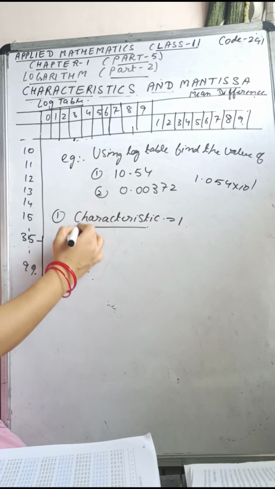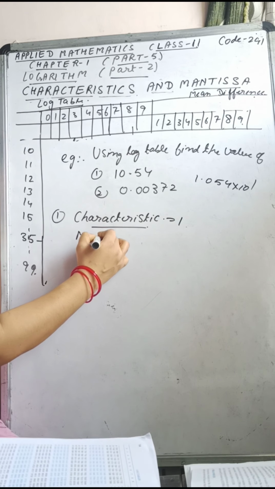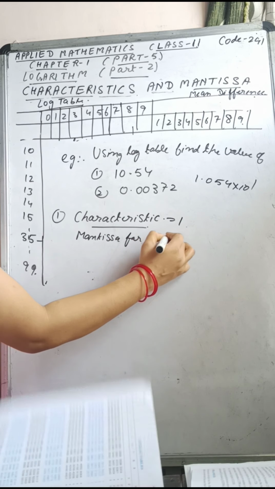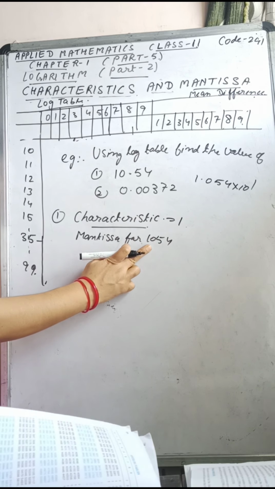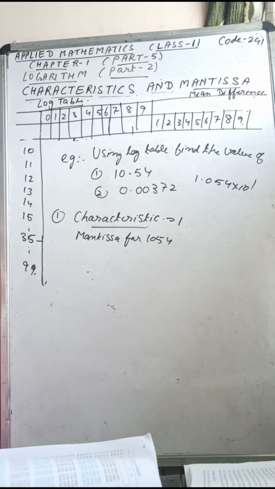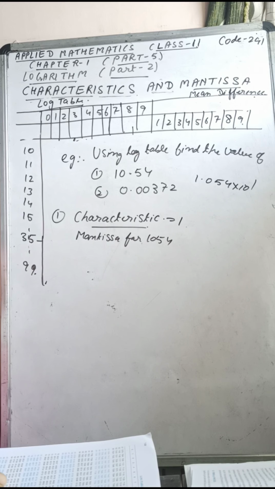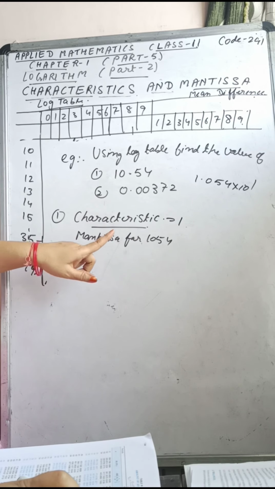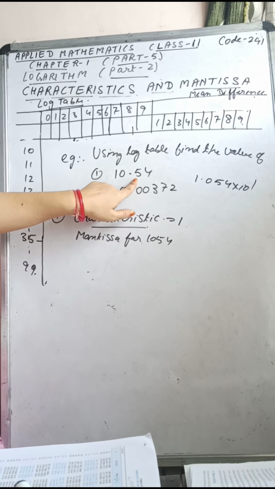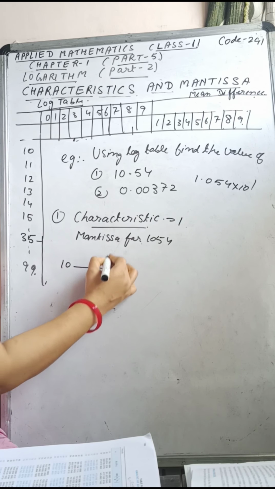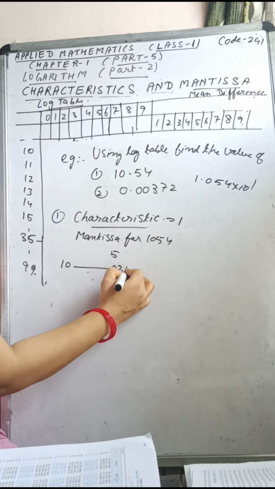Now for the mantissa of 1054, along the row 10 and under the column 5, the value is 0212.